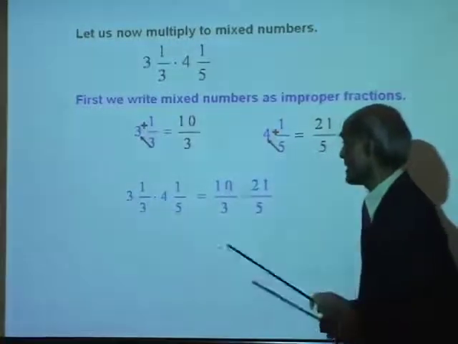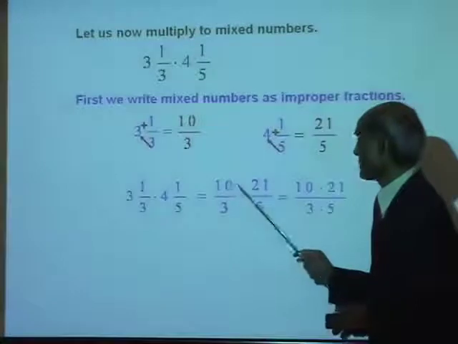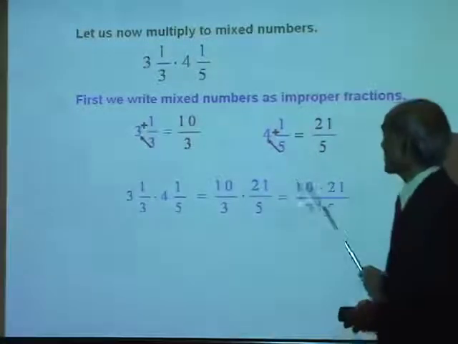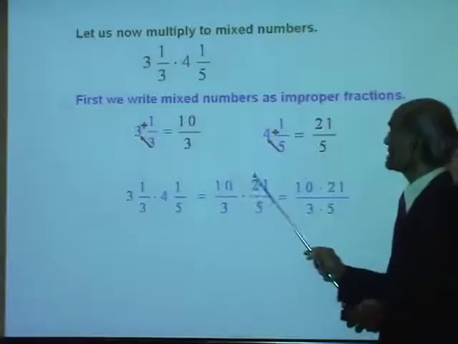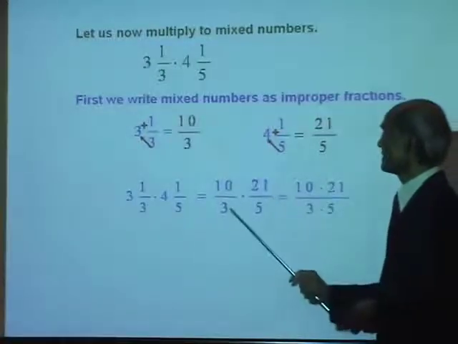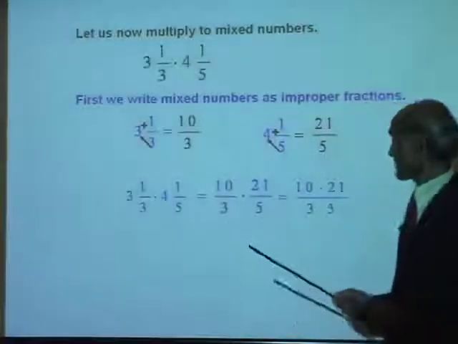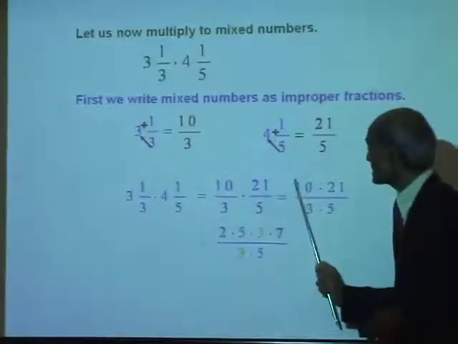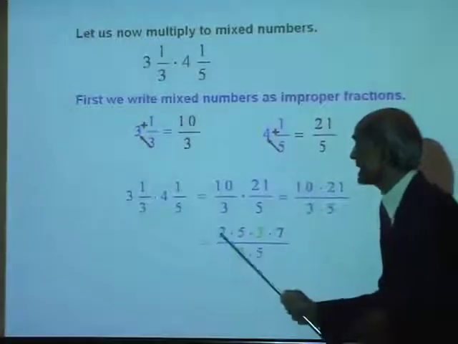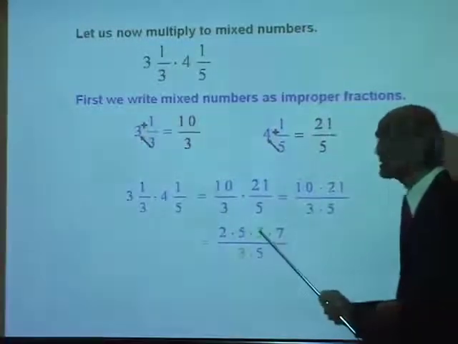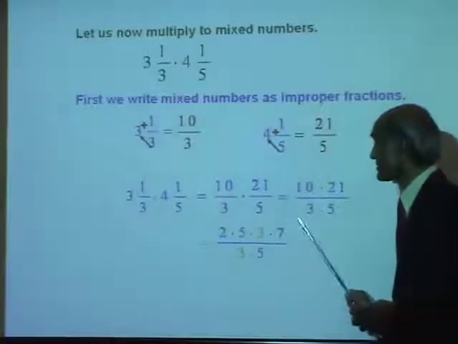Okay, let's now factor this. Well, multiplying the two fractions means multiply the numerators. That's equal to 10 times 21 divided by 3 times 5. Can you simplify that? Well, 10 can be factored as 2 times 5. 21 can be factored as 3 times 7.